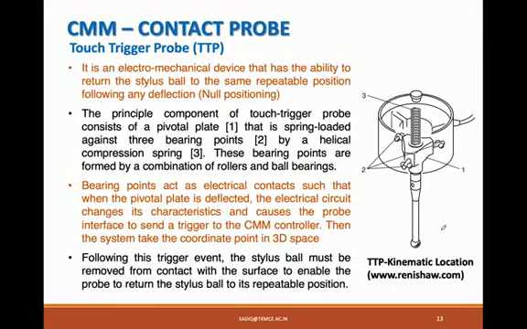At that moment, the coordinate of the three-dimensional space is taken by the system, and that will be transferred to the controller for the computation. After this trigger event, the stylus ball will be removed from contact with the surface, and the arrangement is such that it will be brought back to the repeatable zero position, so that the next triggering or the next contacting can be done.